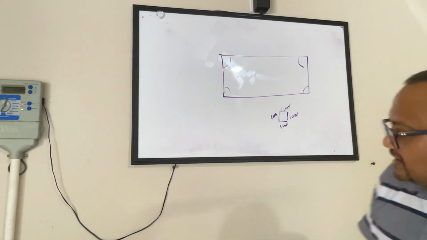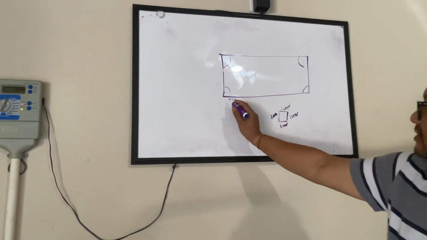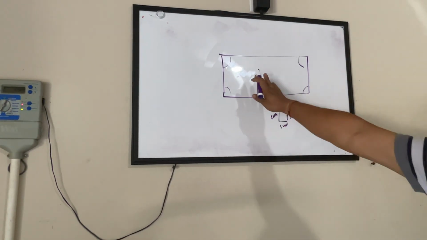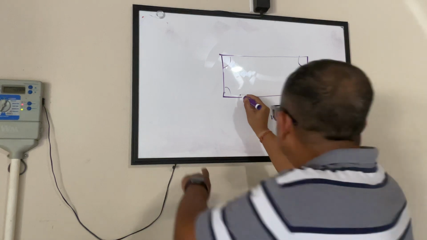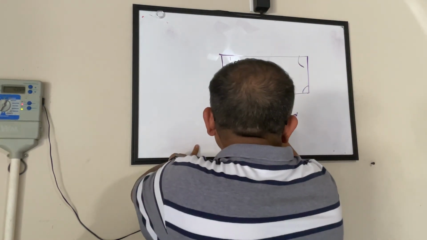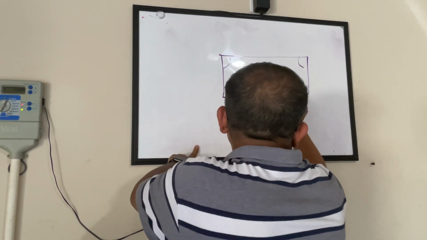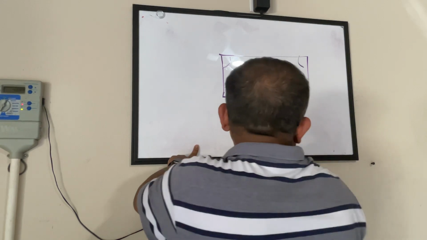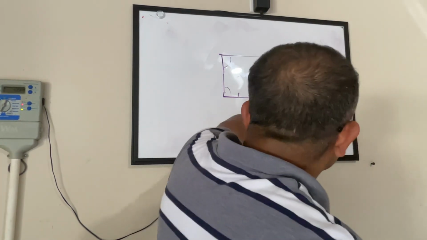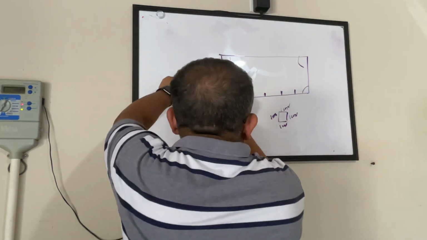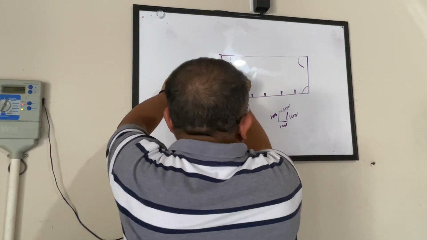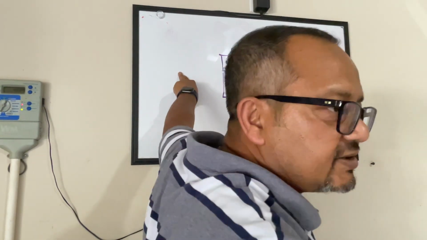Yeah? Now, let's look at this. This is my rectangle, which is, let's say, 6 centimeters in length and 3 centimeters in height. Okay?